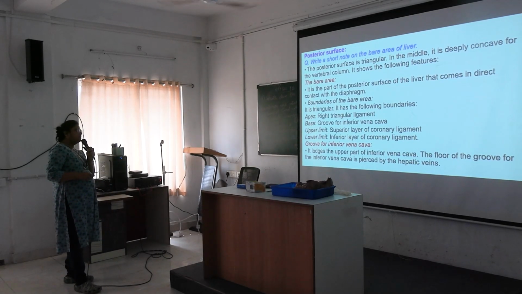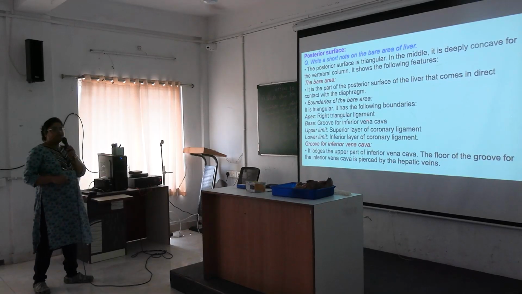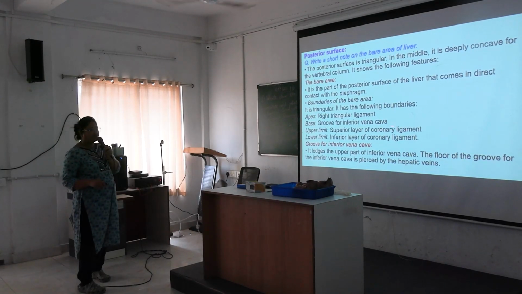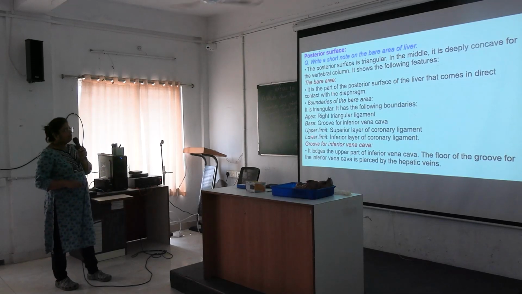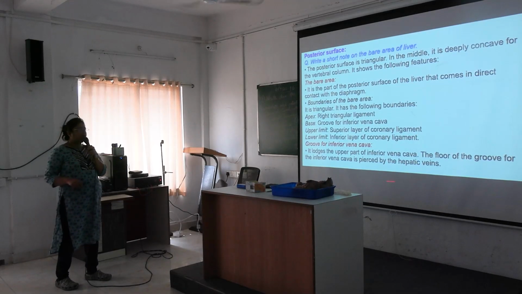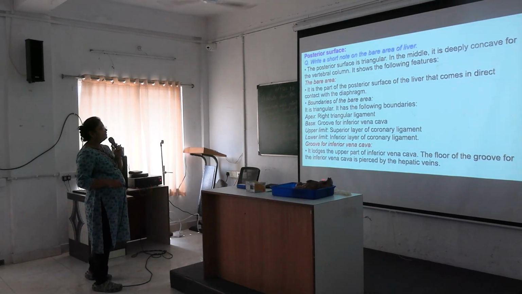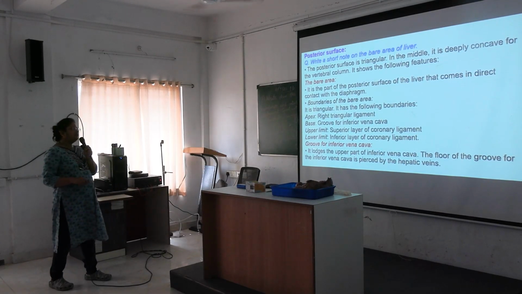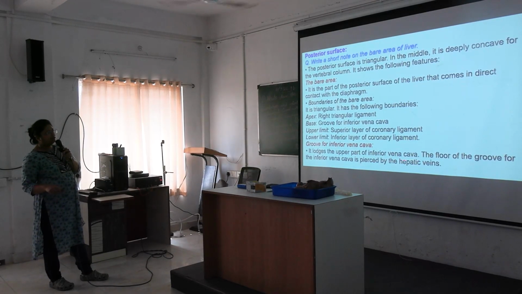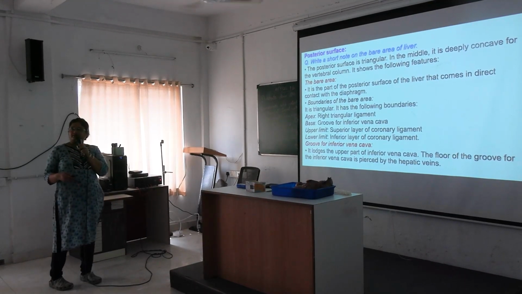It has an apex. The apex is formed by the right triangular ligament. The base is formed by the groove for inferior vena cava. The upper limit is formed by the superior layer of the coronary ligament. The lower limit by the inferior layer of the coronary ligament. And the groove for inferior vena cava lodges the upper part of the inferior vena cava, and the floor of the groove for the inferior vena cava is pierced by the hepatic veins.